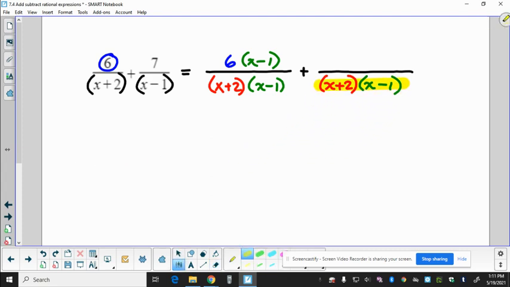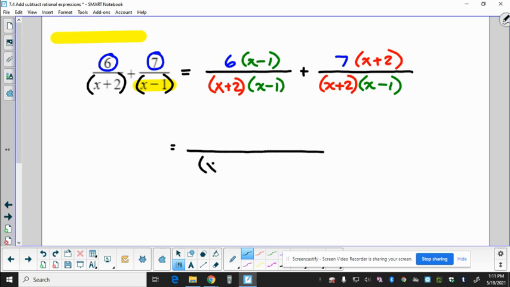Let's compare that to this one. And what's different? Well, the x plus 2 is, right? And the numerator is a 7. Now, once again, if you were to take away those common terms, you would see that you were left with the original fraction.